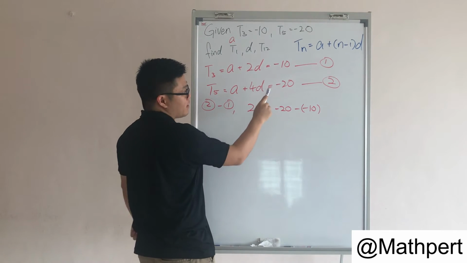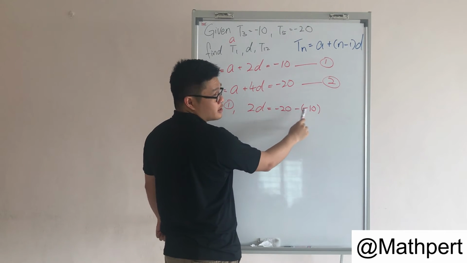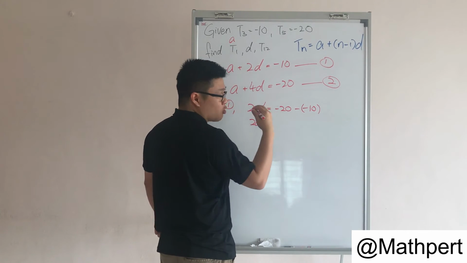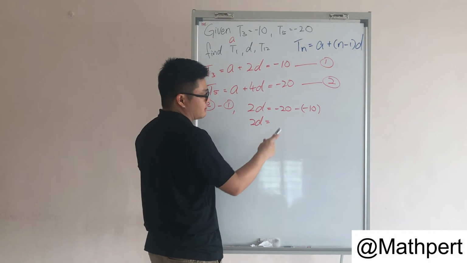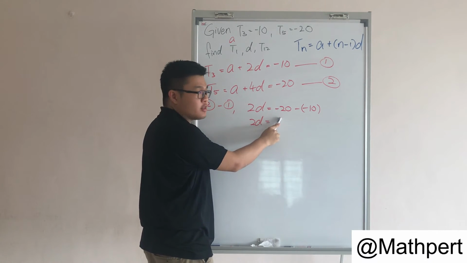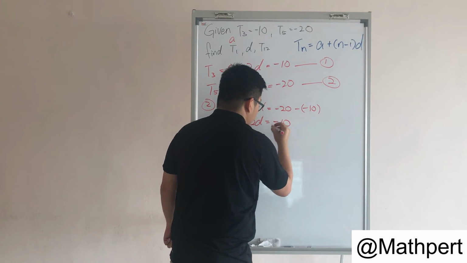Be careful at this part. Negative, negative. Do not write just negative, because you will get a totally different answer. Negative, negative, positive. So negative 20 plus 10, you have negative 10.